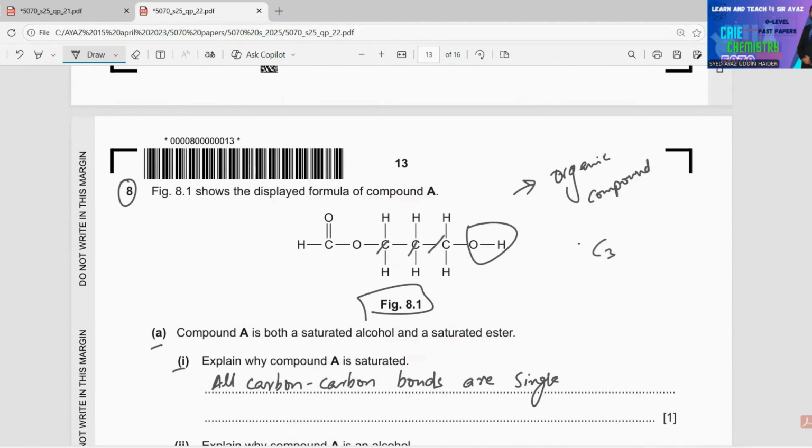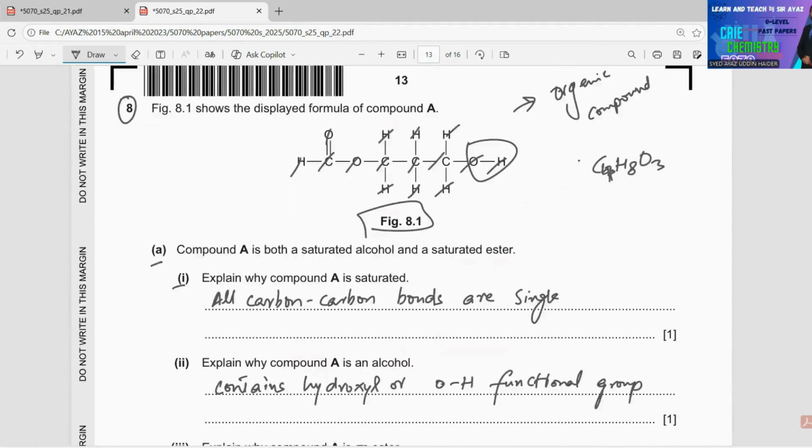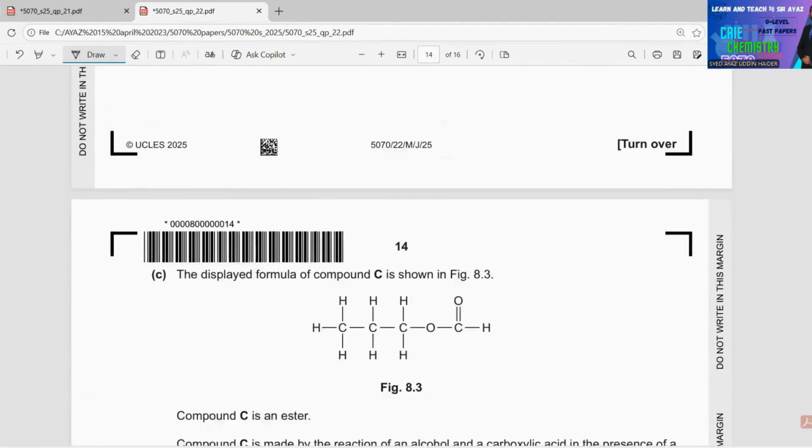C3. How many hydrogens? 1, 2, 3, 4, 5, 6, 7, 8. H8. What about oxygen? 1, 2, 3. O3. Sorry, there must be 4 carbons. I missed this one. This is C4H8O3. So that's why it's structural isomers. Both of these are isomers.